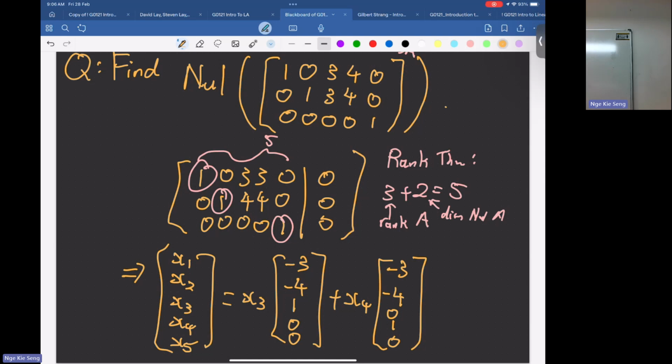But you also learned in class, right? What did you learn in class? Rank theorem. We know that the rank of A is 3 because the pivot columns form a basis. This is the theorem. This 5 you already know also because you just count 5 of them. So you know that the dimension of Nul A already is 2. There's a theorem that tells you, if you know the subspace dimension, what else do you need to find the basis?